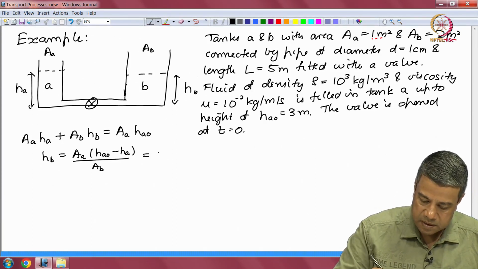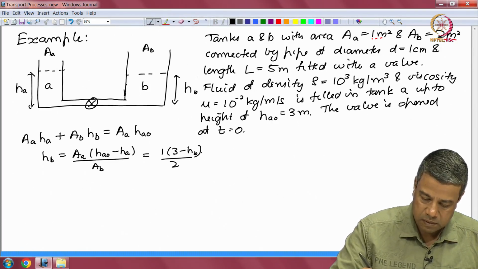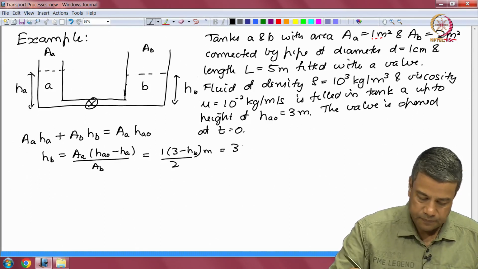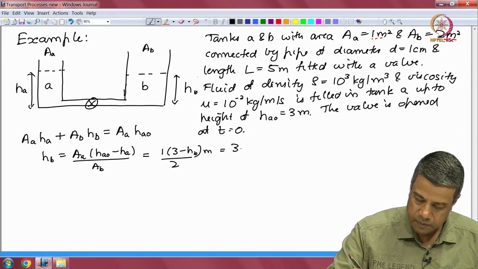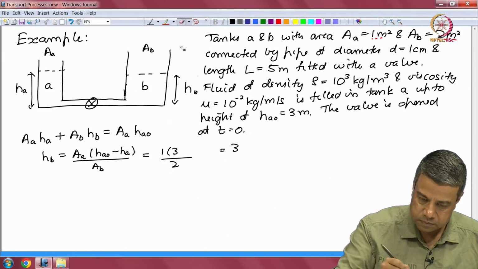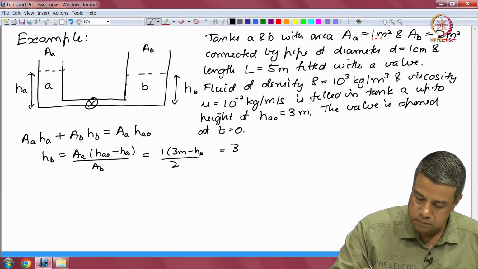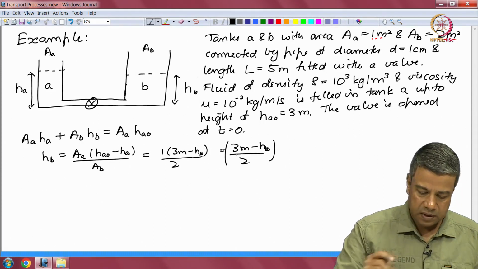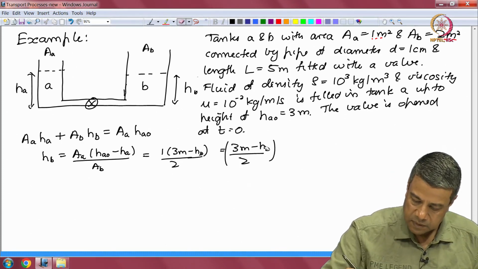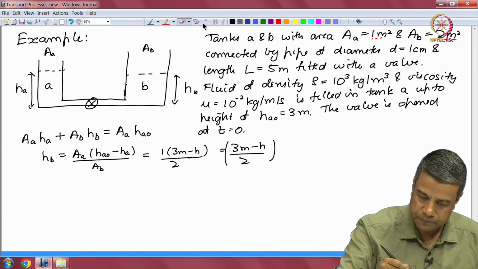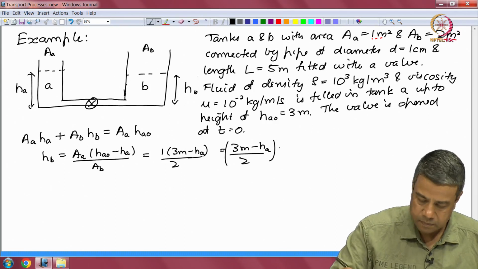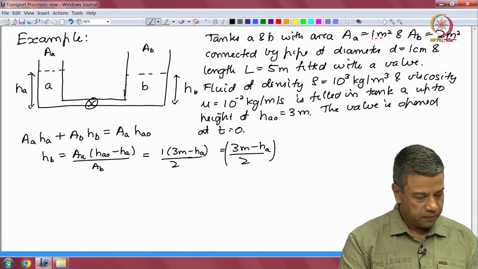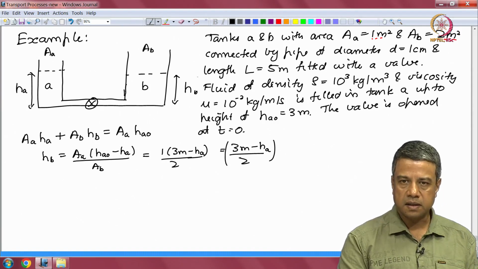So, this just becomes 1 into (3 minus HA) by 2, in meters. It should be HA, I am sorry.